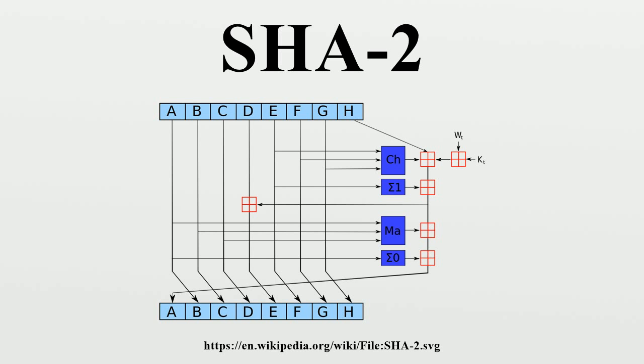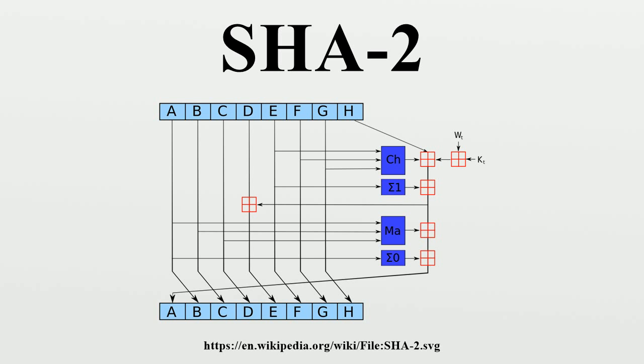SHA-224 and SHA-384 are simply truncated versions of the first two, computed with different initial values. SHA-512/224 and SHA-512/256 are also truncated versions of SHA-512, but the initial values are generated using the method described in FIPS Pub 180-4.